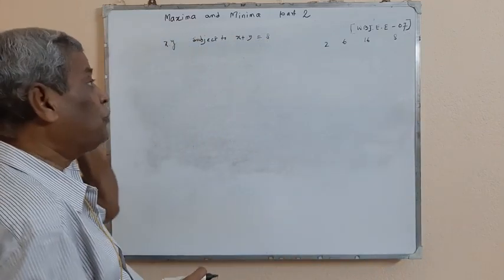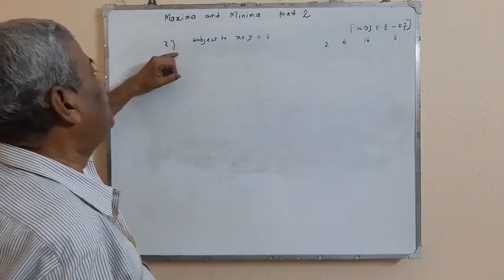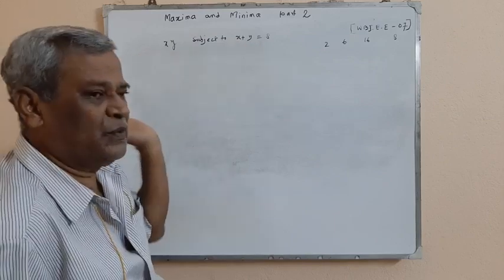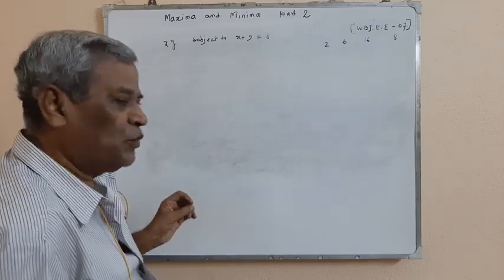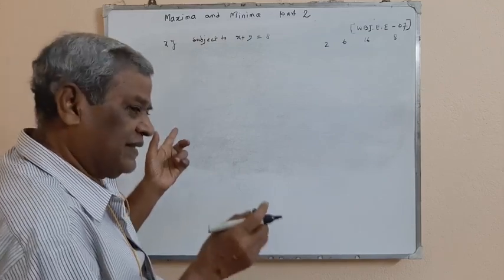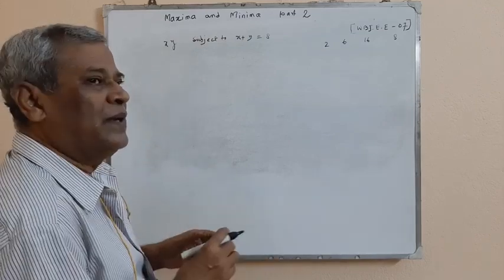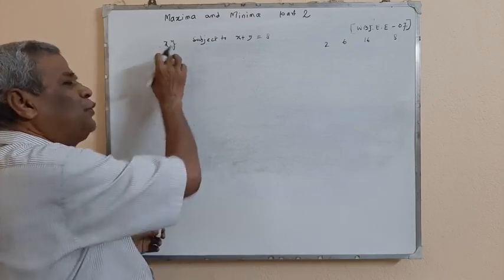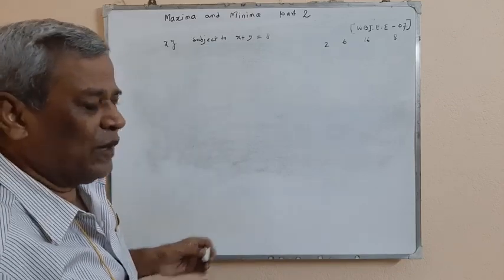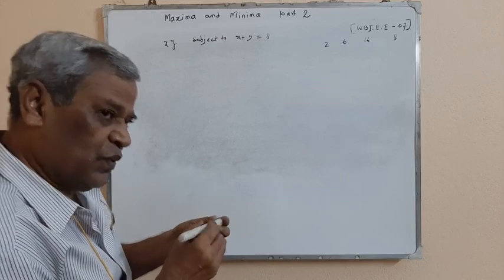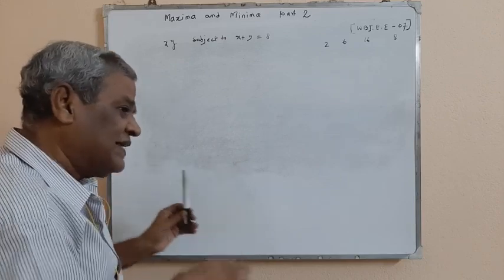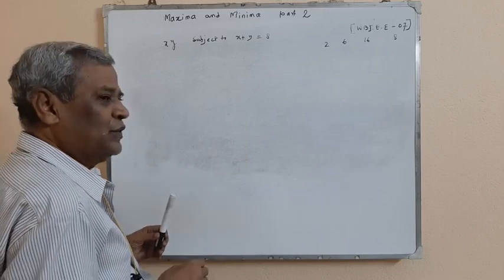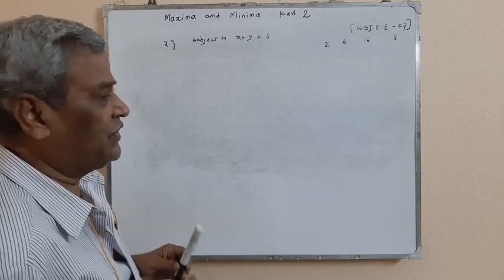Here we have to find the maximum value of that subject to x plus y is equal to 8. Means x and y are such that their sum is equal to 8. In fact, it is function of two variables x and y, but at this level it is not possible to find the maximum value of two variable functions.